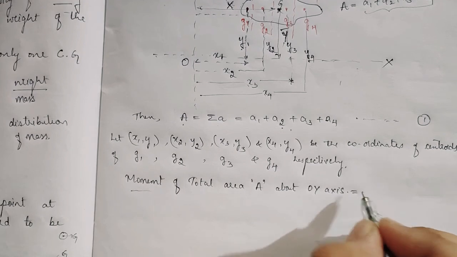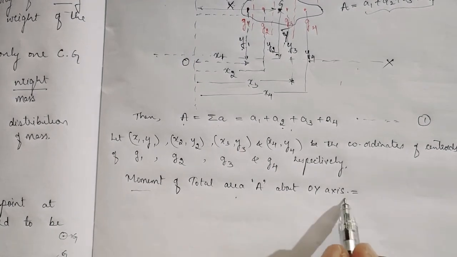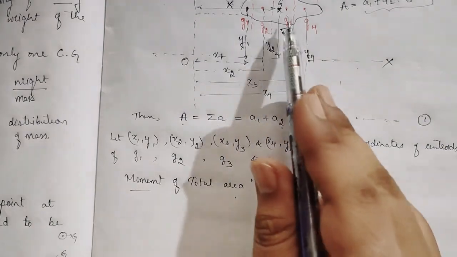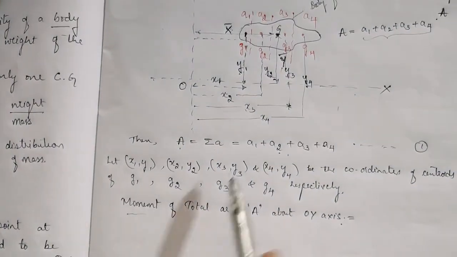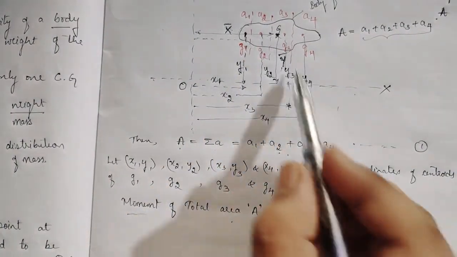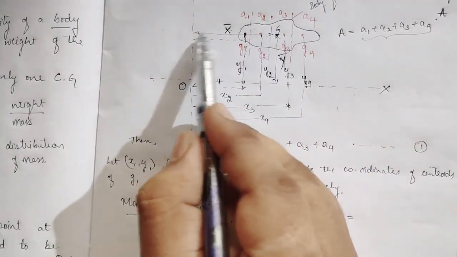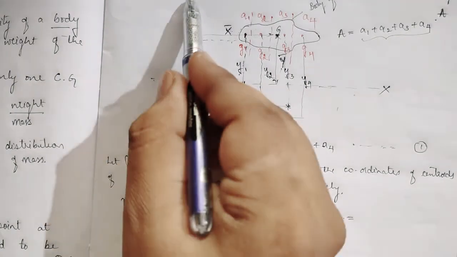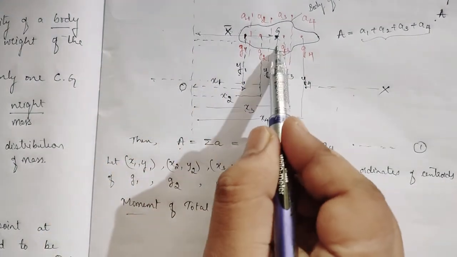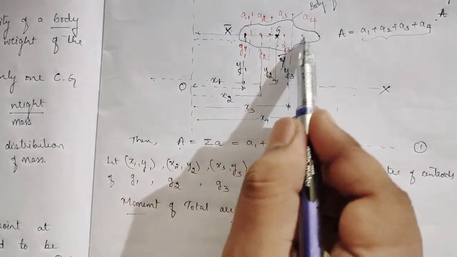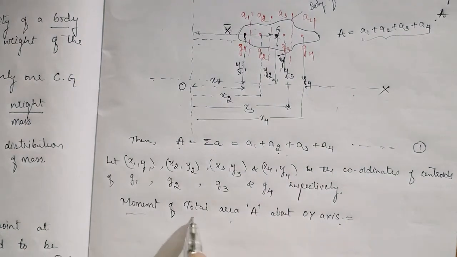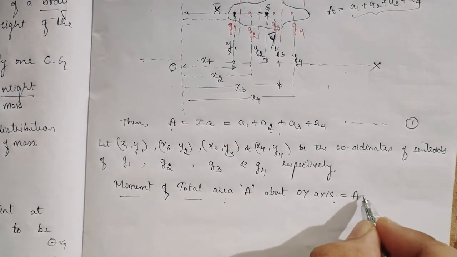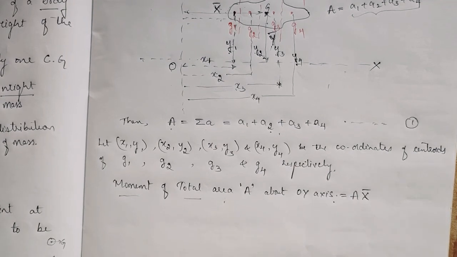What is the moment of the total area about the OY axis? It is nothing but area into distance. I can find the moment by this area into the distance x bar. About the OY axis, the perpendicular distance is x bar, and I take the total area. So the moment is area into x bar.